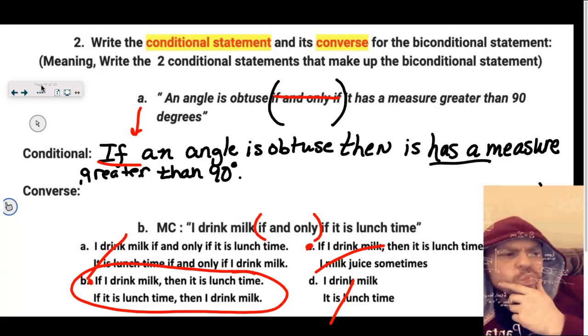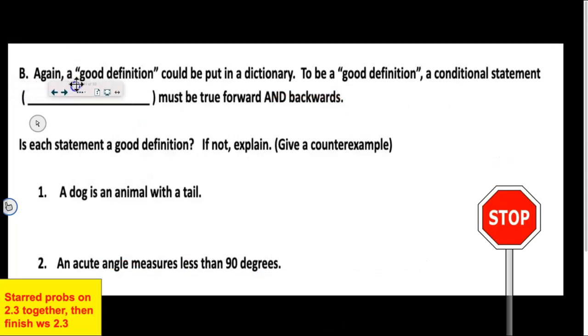The one about the angles was a good one. So let me see if I'm done here. And no, I'm not. I'm on B. It says, again, we would call something a good definition if it could be put in a dictionary. And to be good, a conditional statement, which again is an if this, then that statement, we sometimes say P implies Q, must be true forwards and backwards. Okay?